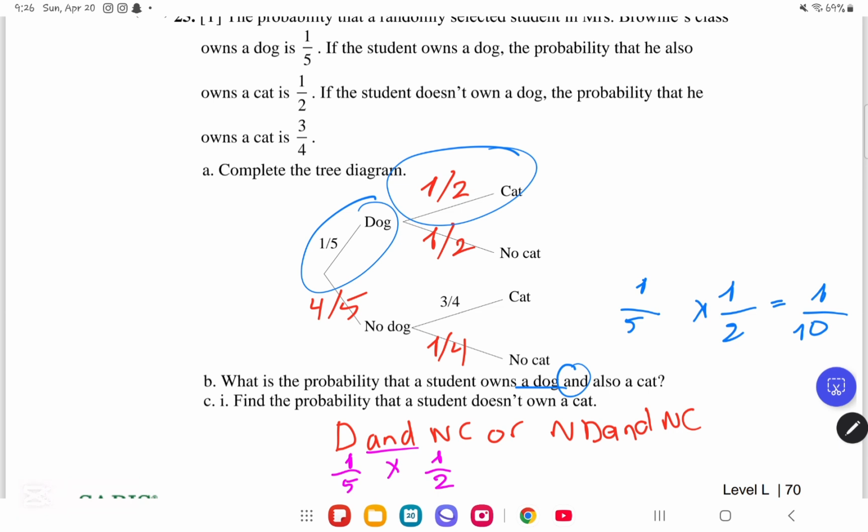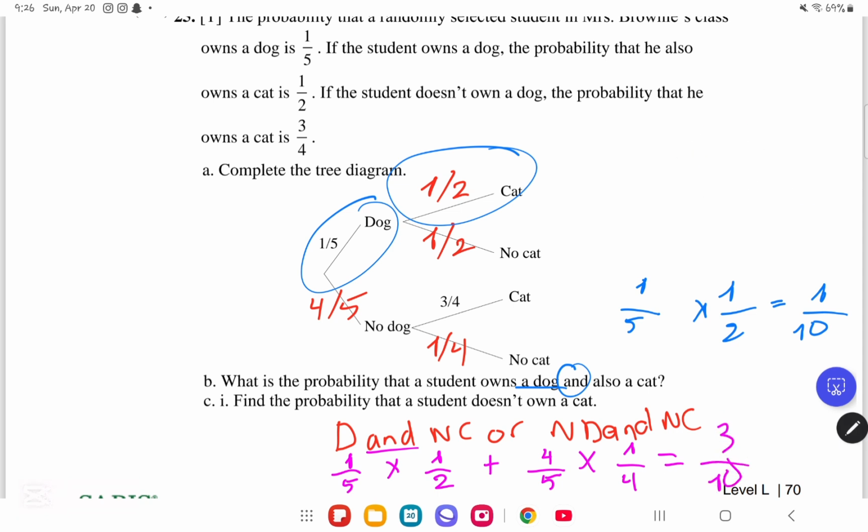Or means plus no dog, probability is 4/5, and means times no cat, the probability is 1/4. So we put it on the calculator. 1/5 times 1/2 plus 4/5 times 1/4, and you will get an answer which is 3/10.